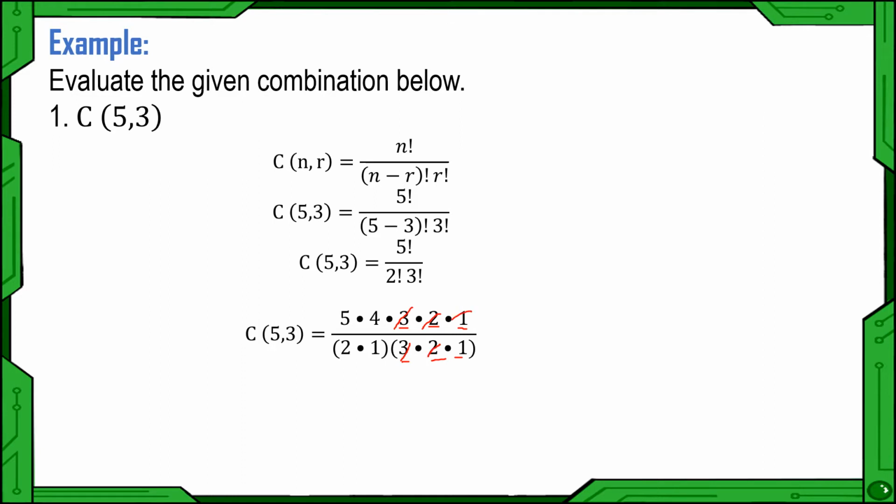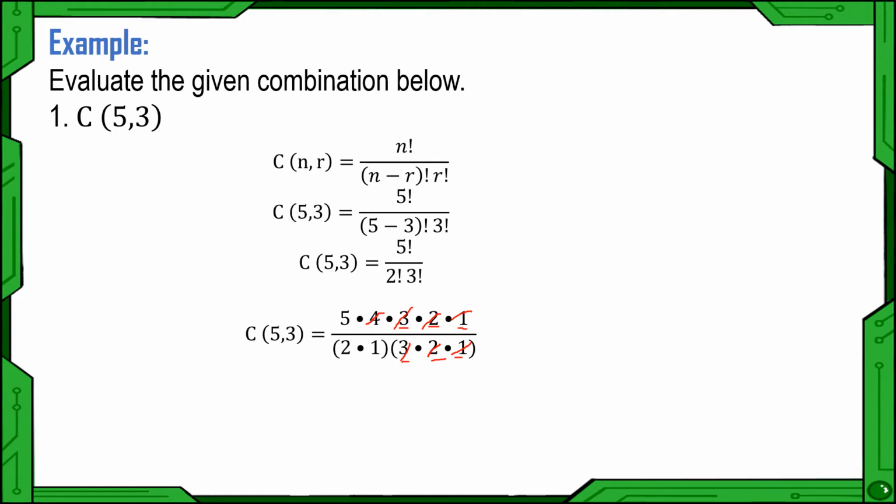Cancel 1 in the numerator, and then also cancel 1 in our denominator. And then you notice that the remaining in our numerator is 5 times 4 and in our denominator 2 times 1.